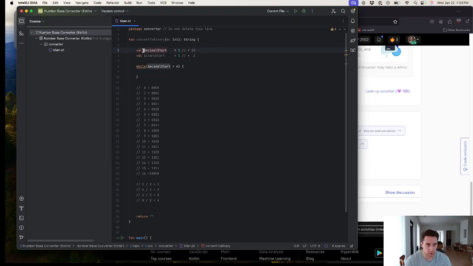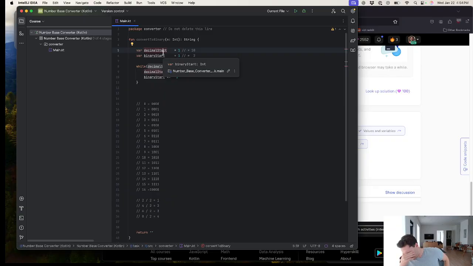Okay, so these are vars. And now, oh my god, can I, times equals 10, binary starts times equals 2. Okay, so at the end of this, what do I have?